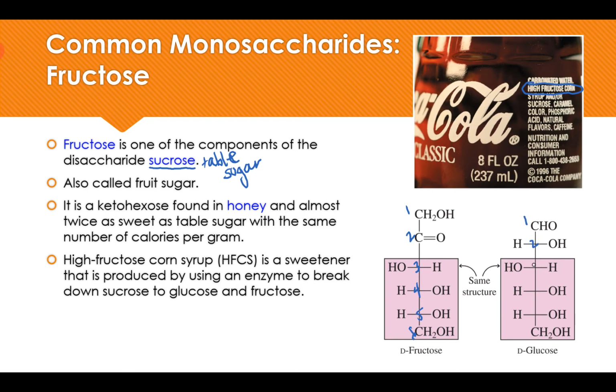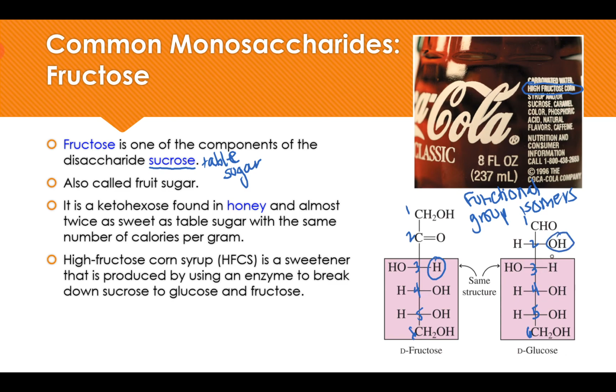Both glucose and fructose have the same number of carbons. And so that means that they are functional group isomers. Additionally, fructose and glucose have the same pattern of H's and OH's going down the side of the molecule.